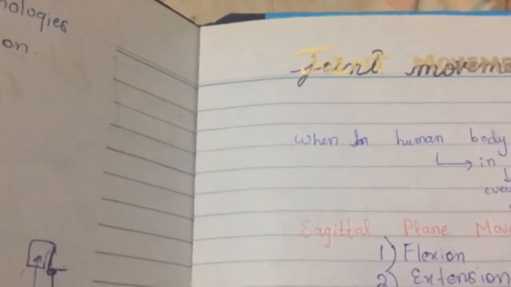So these are the basic and most important movements, and they also include pronation and supination. First we have to write all of them.